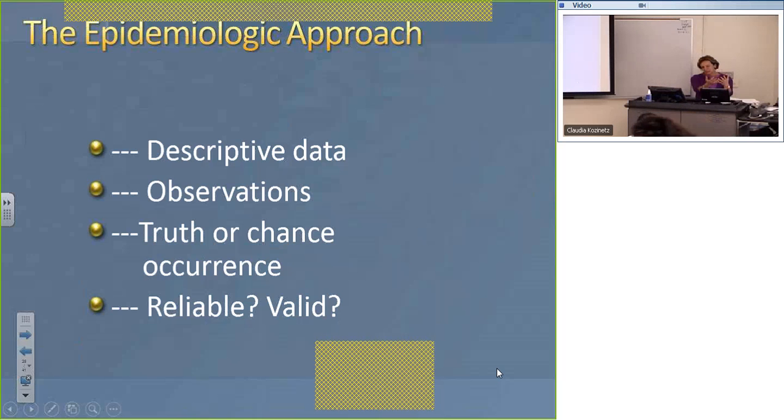Is this subpopulation at risk for this outcome? We always want to make sure that our research questions and hypotheses are based on data. We are trying to find the truth. We're testing whether or not what we're seeing is by chance occurrence.